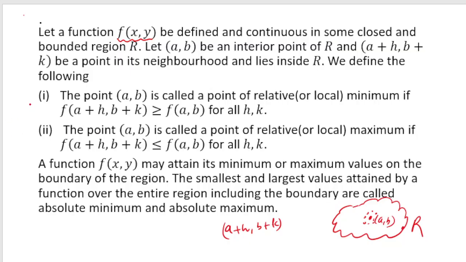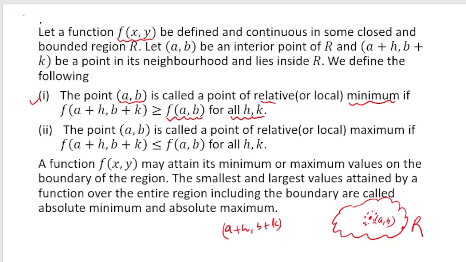Now there are two possibilities. We call the point a comma b a point of relative or local minimum if the function value at the point a plus h comma b plus k is greater than or equal to the function value at a comma b for all values of h and k in its neighborhood.